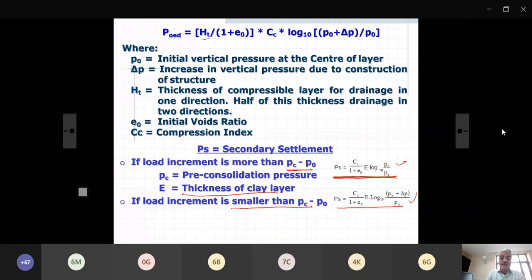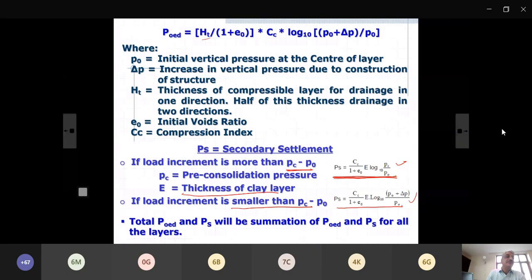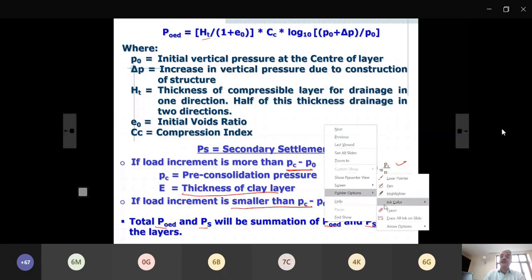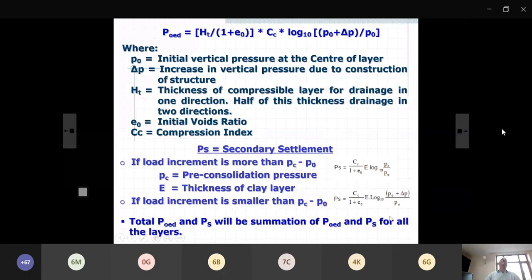You calculate the secondary consolidation settlement for every layer, and now you add primary separately for every layer, secondary separately. So you will have total primary or oedometric settlement and total secondary settlement. So add them to the initial settlement and you will get the total settlement.